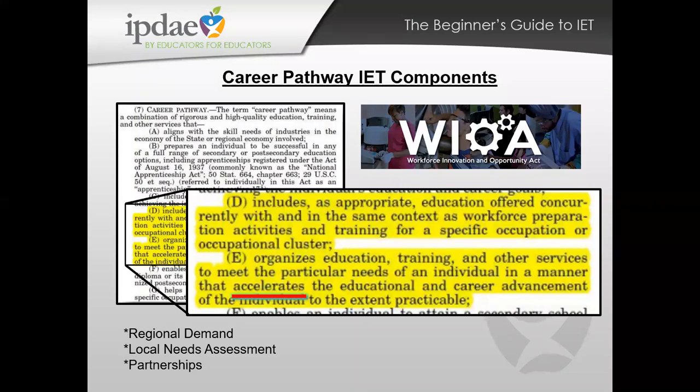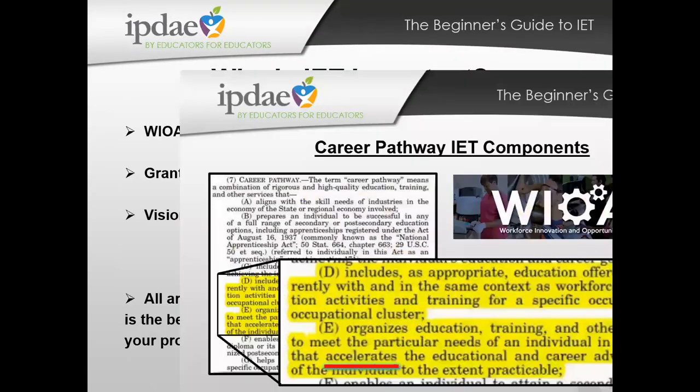So not only do we need to get more students through this pipeline, we need to make this opportunity condensed and accelerated where these things are happening simultaneously, so it's not such a long process and such a burden on the student who's already got so many demands going on in their life. A couple asterisk points here: based on regional demand, local needs assessment, and through developing partnerships with some of those other entities like we talked about.